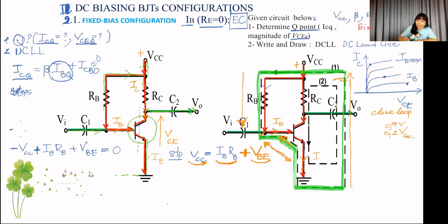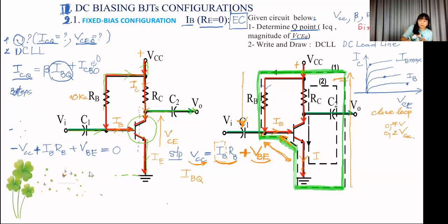And we see here the IB. I put here the base current, but I put the Q because this is the Q point of my circuit. For example, for the exercise, this is 1 kilo ohm.